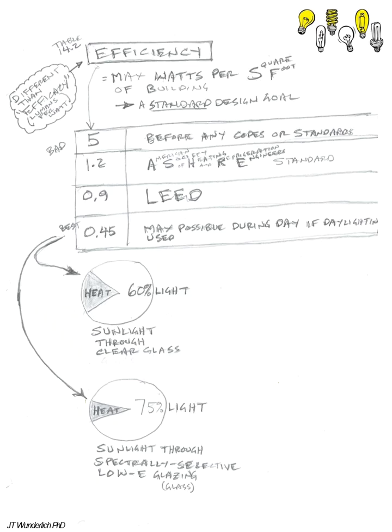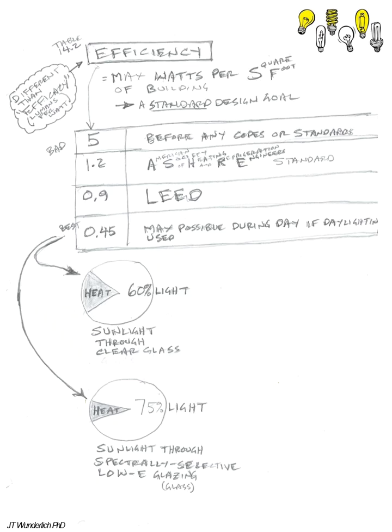But if you're being wise about how you're doing it, and scientific and design-minded, ASHRAE, American Society of Heating, Refrigerating, and Air Conditioning Engineers, has a standard of 1.2. LEED is a 0.9, and then 0.5 is the maximum possible that you could get during the day, if daylighting is used.